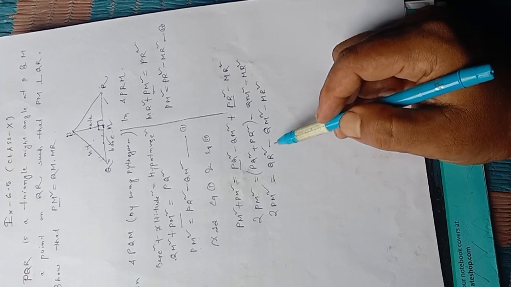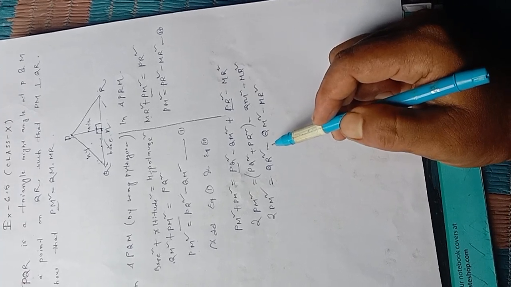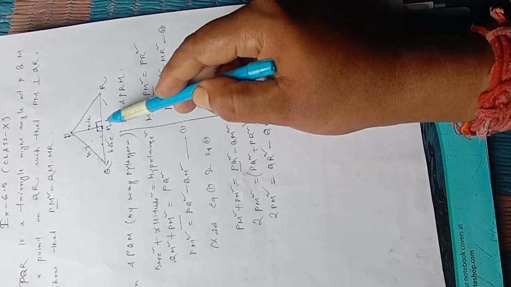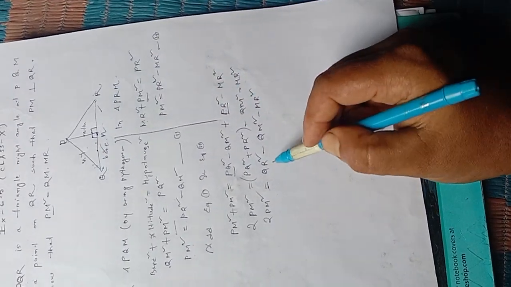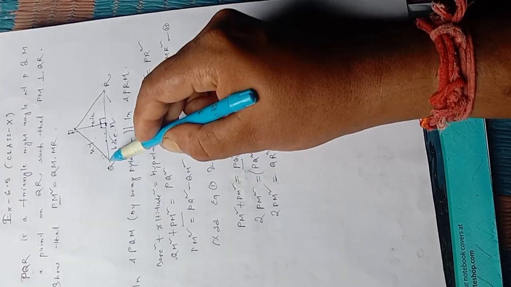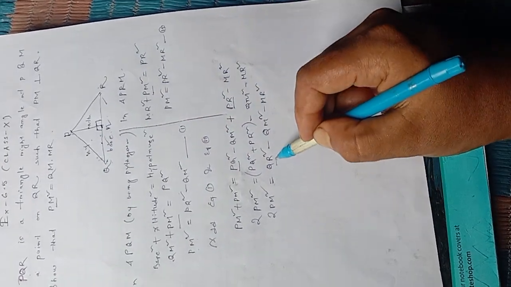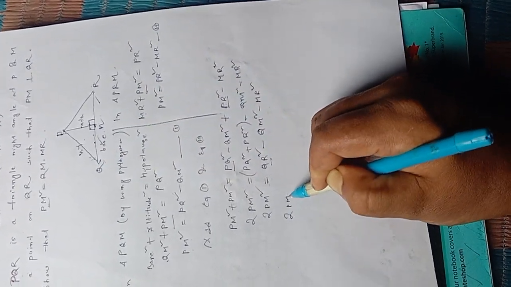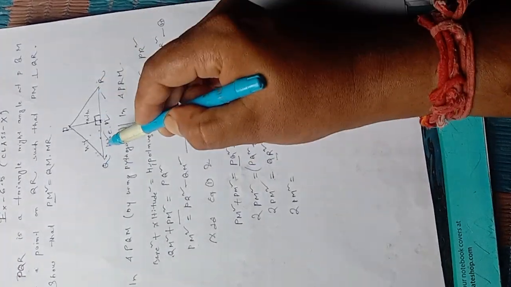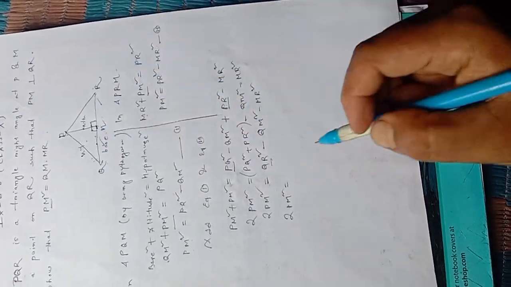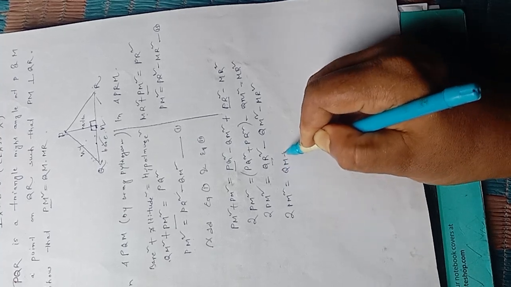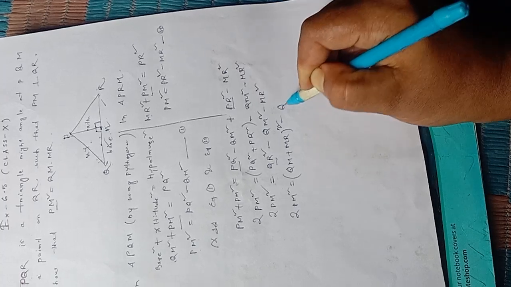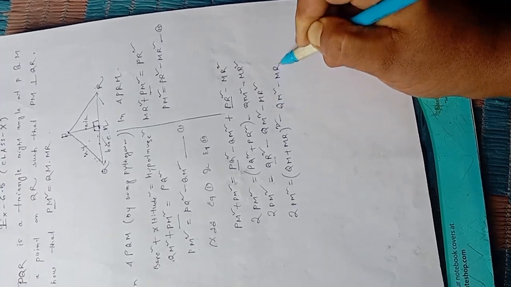Now one thing you see, in the case of QR, QM plus MR, what can we write for QR square? QM plus MR. So here we write 2PM square equal to QM plus MR whole square minus QM square minus MR square.